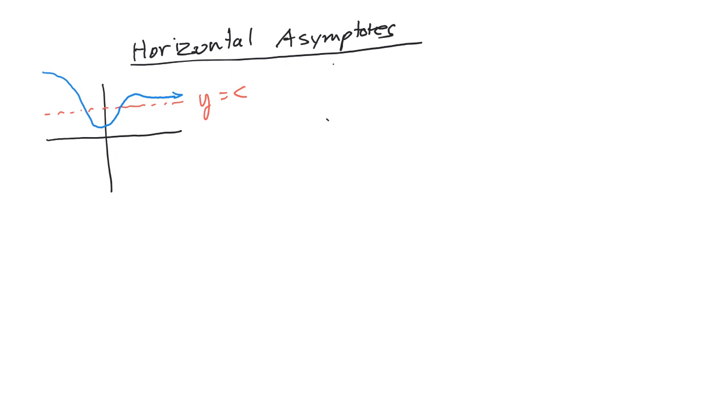So here's another graph. You could have a horizontal asymptote doing this. We still have y is equal to c. But maybe it comes down from the left, goes towards the left, but never crosses this asymptote, right? We can also have a graph that looks like this.